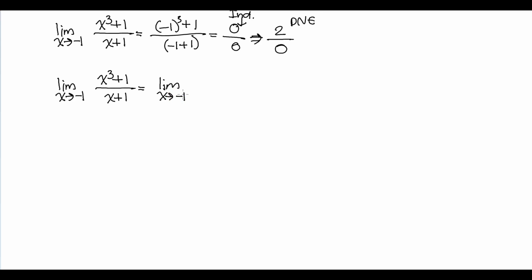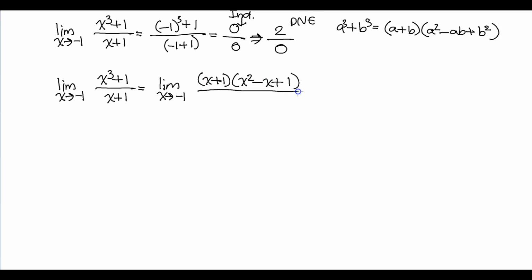The sum of two cubes, a cubed plus b cubed, is the same as a plus b times a squared minus ab plus b squared. Which means you could write this as x plus 1 times x squared minus x plus 1, over x plus 1.